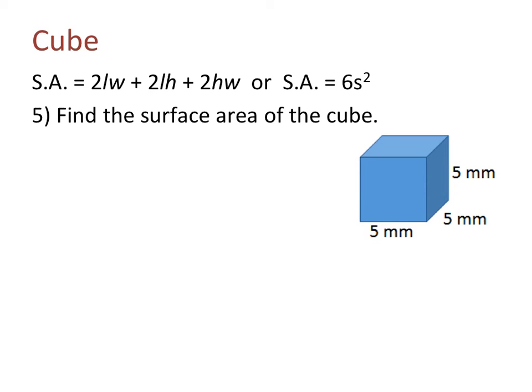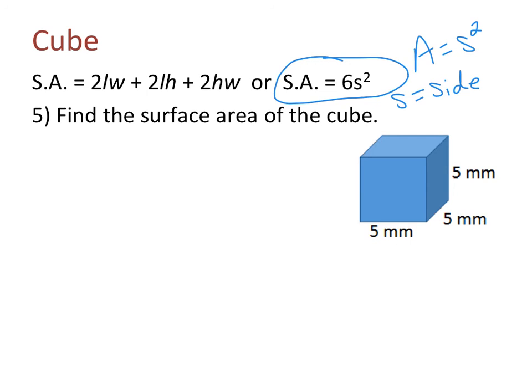So you could use the formula for surface area of a rectangular prism, or if you notice, our cube, like a rectangular prism, has 6 sides, and all the measurements are the same, so we can use this formula that surface area equals 6 times s squared. So s represents the sides, and the reason it's squared, if you remember, is that to find the area of a square, we take s squared, and if there's 6 sides, we just multiply by 6 here.